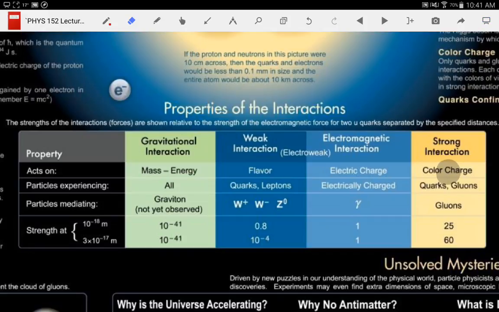In those forces, we have strength drawn on here, at 2 different separations: 3 times 10 to the minus 18th meters and 3 times 10 to the minus 17 meters. Why the 2 different distances? Because the strengths vary with distance. And so you can see here which force is the strongest in all cases.